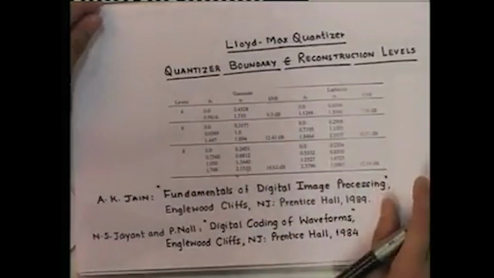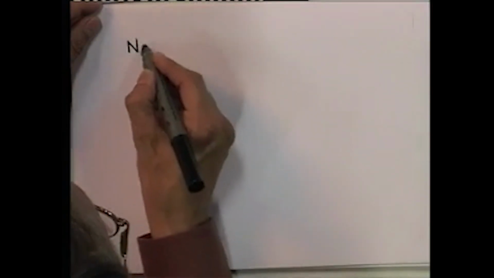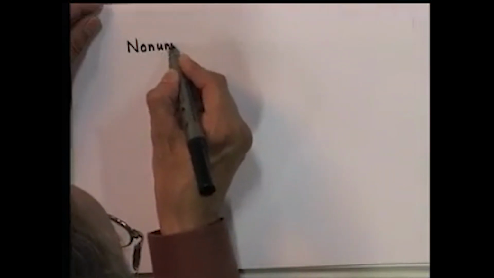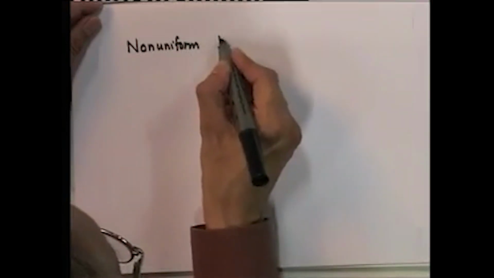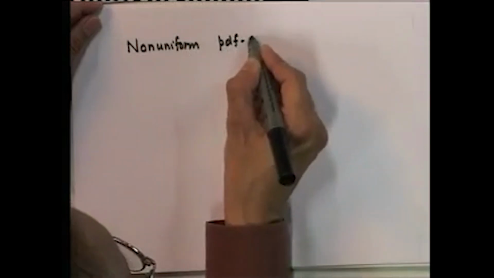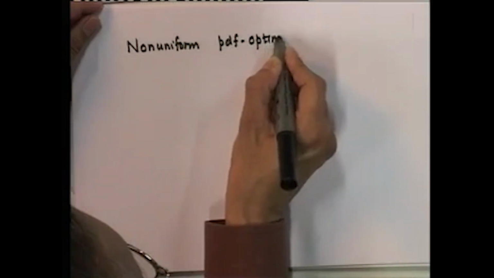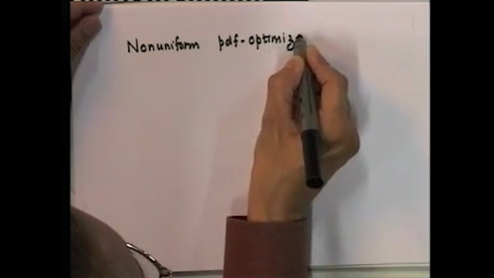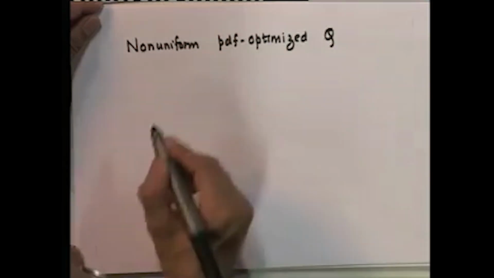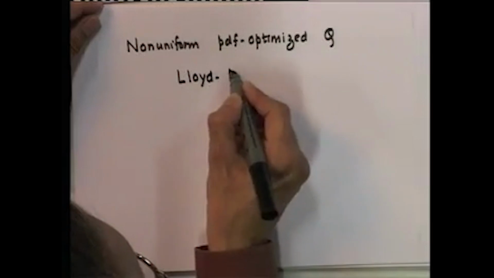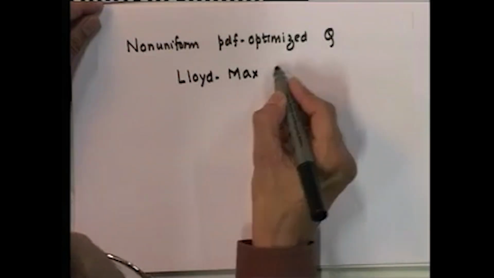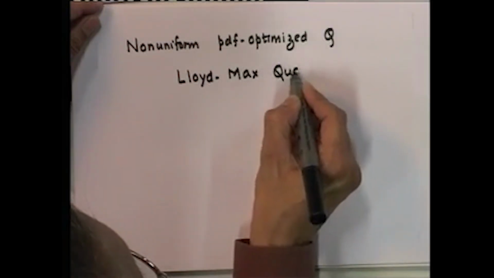Now, this non-uniform PDF optimized quantizer is also known as Lloyd-Max Quantizer.